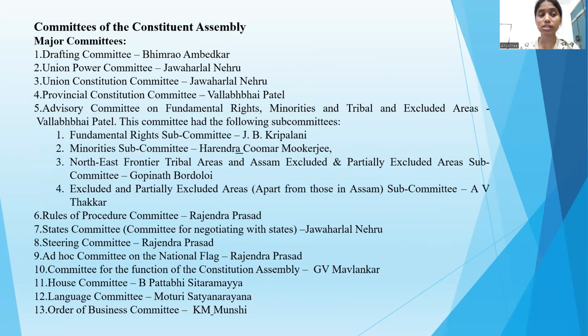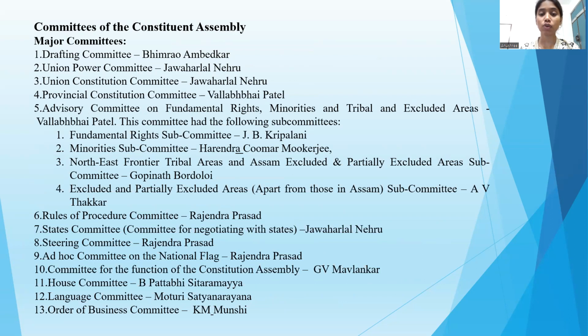Committees of the Constituent Assembly. Major committees. The Drafting Committee, Bhimrao Ambedkar; Union Powers Committee, Jawaharlal Nehru; Union Constitution Committee, Jawaharlal Nehru; Provincial Constitution Committee, Vallabhbhai Patel; Advisory Committee on Fundamental Rights, Minorities and Tribal and Excluded Areas, Vallabhbhai Patel.